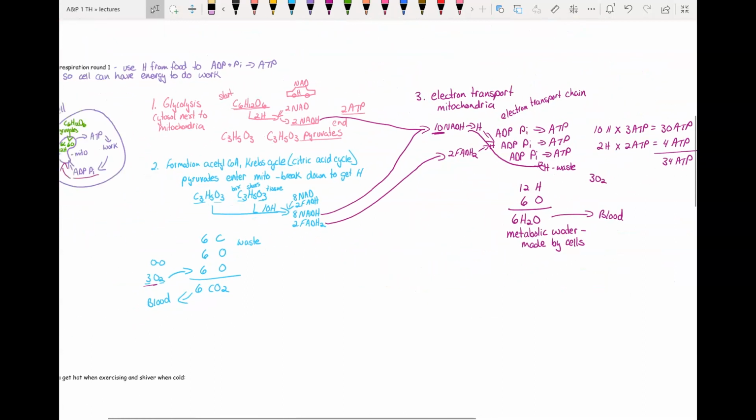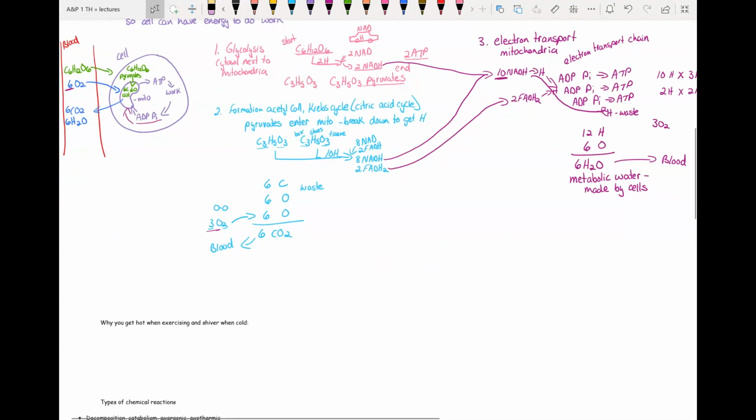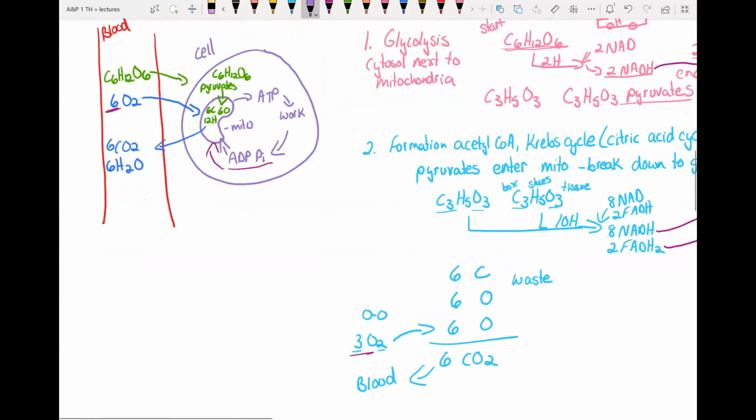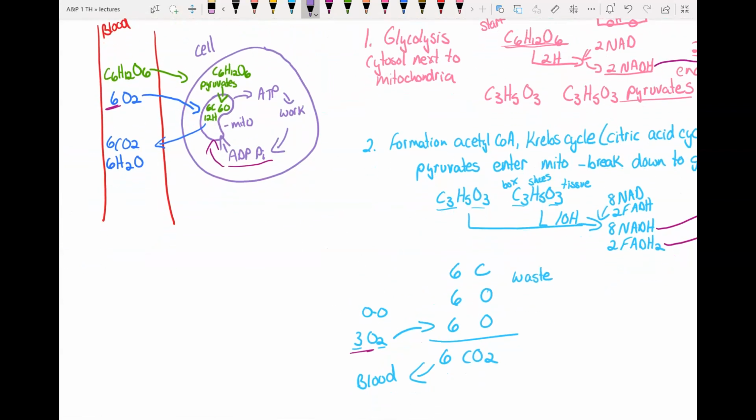So now let's summarize this. Let's put it all together, the whole big picture. You started off with C6H12O6. You also had 6 oxygens in the blood. We end up with 6 carbon dioxide and 6 water. Right? We're just looking at what was originally in the blood that leaves the blood and goes to the cell, and then what comes back to the blood.